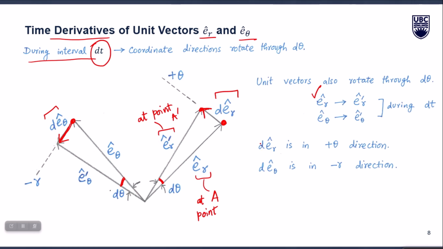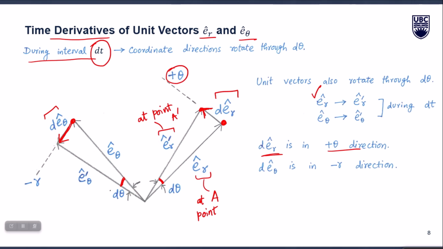One thing about the directions of the r and theta axes: you can see here that the change in E sub r, dE sub r, is actually in the positive theta direction. If you look at the direction of this particular change, it is perpendicular to the original r, and that is the positive theta direction, just like we saw in the n-t coordinate system, where the change in the t unit vector was in the direction of the n unit vector.